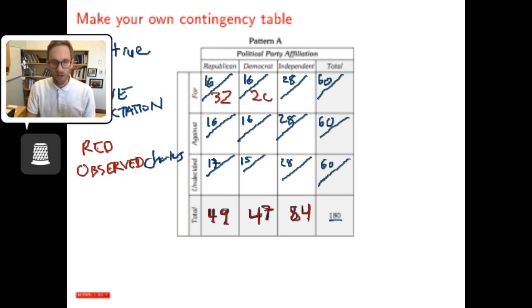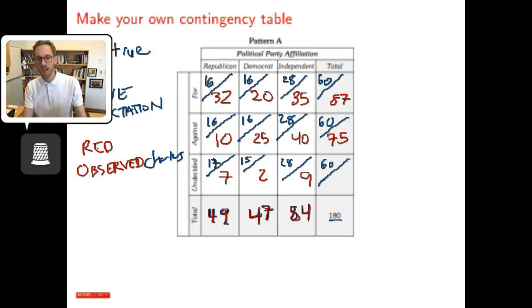If you total that, you get 87 are for charters. 10 Republicans are against, 25 Democrats are against, and 40 independents, so that equals 75 total that are against. And then we have 7 Republicans that are undecided, 2 Democrats, and 9 independents. That equals 18, and if you add that up, you get 180 as well.